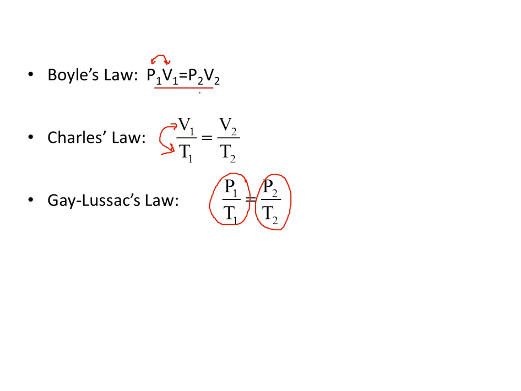We know that pressure and volume are inversely proportional. We know that volume and temperature are proportional, and pressure and temperature are proportional. So both volume and pressure are proportional to temperature, whereas pressure and volume are inversely proportional.